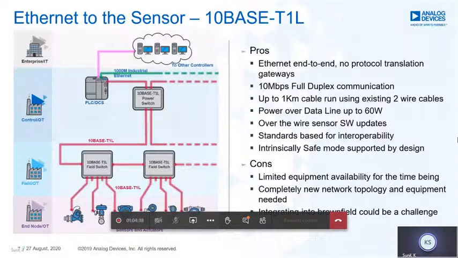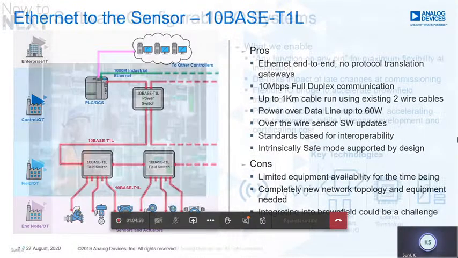But I just wanted you to know that in this evolution, the connectivity is moving from 4 to 20 milliampere loops as legacy systems, to different Ethernet field bus technologies, to 10BASE-T1L, which is very prominent today. And we will see how all these coexist in a network.